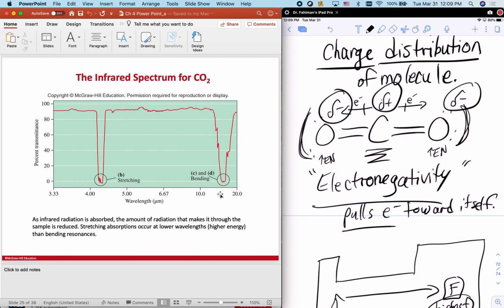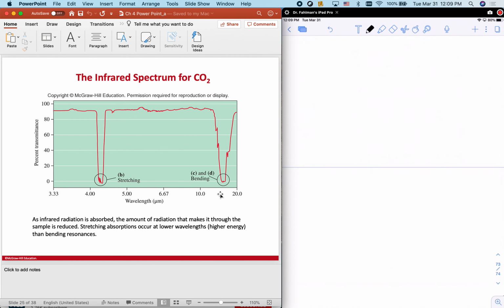Okay, and so what's important to look at on this spectrum is that, remember, as you decrease wavelength, energy increases. And notice that as you go this way, you are decreasing the wavelength, right? It's 4 micrometers here, and then it's like 10, 15, 20 down here.